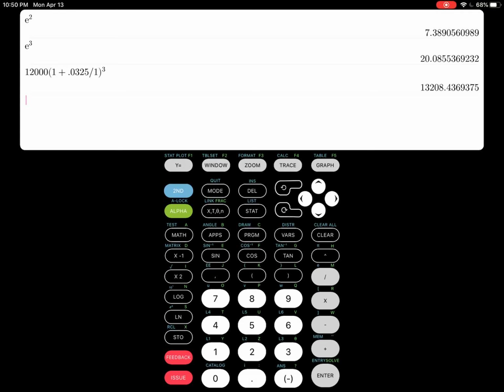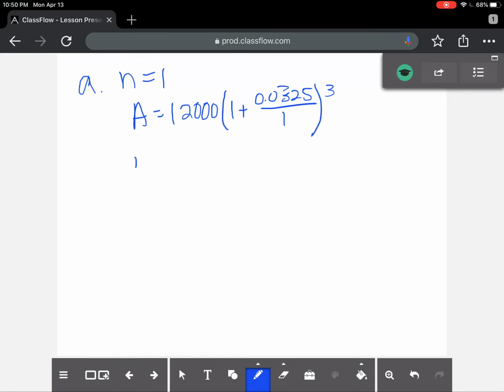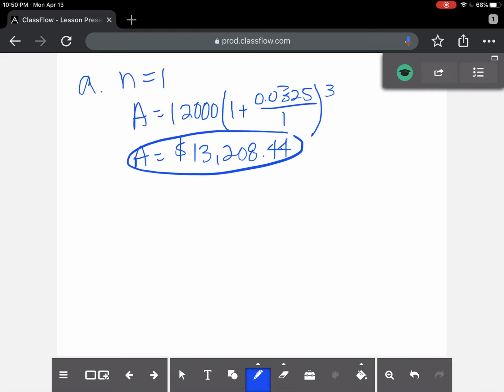So you will have $13,208.44 if you were to compound annually.